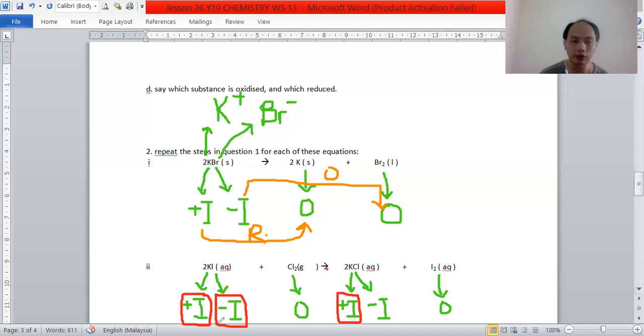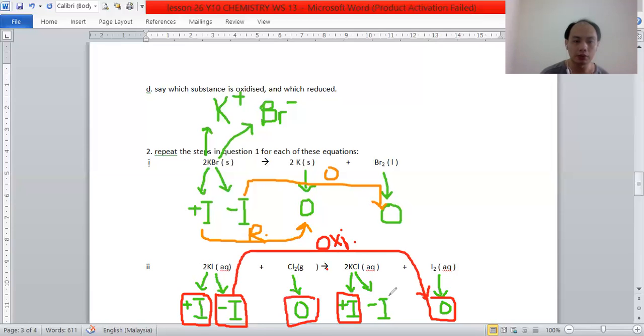So iodine goes from -1 to 0, so this is oxidation. Chlorine goes from 0 to -1. The number is reducing, so it is reduction.